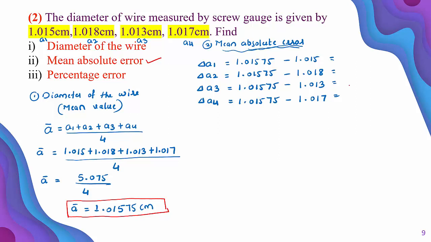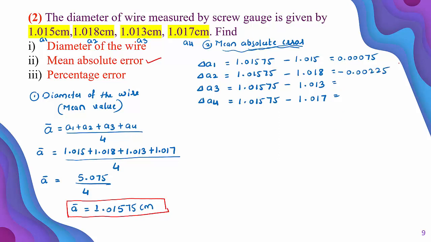The first one is 1.01575 minus 1.015. That gives the value 0.00075. Then second one, 1.01575 minus 1.018, and that gives the value minus 0.00225.